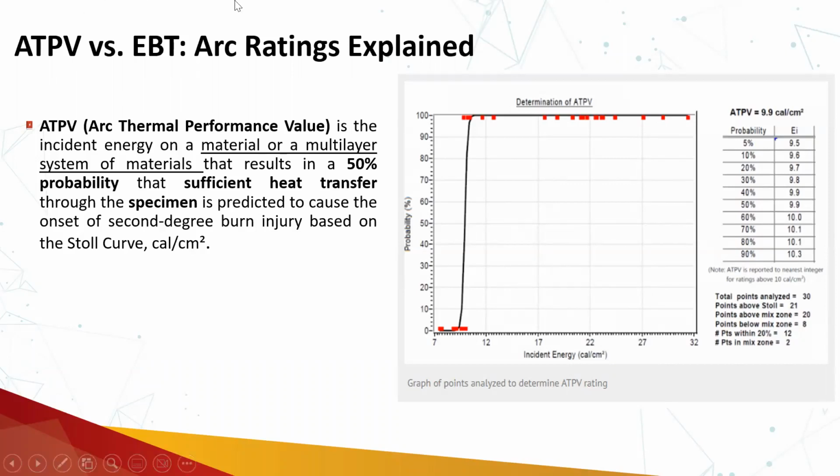So this specimen is assigned a value of 9.9 cals per centimeter square based on ATPV. They have assigned that this particular specimen has an ATPV equal to 9.9, meaning at 9.9 enough heat is transferred through this material to cause a second degree burn.